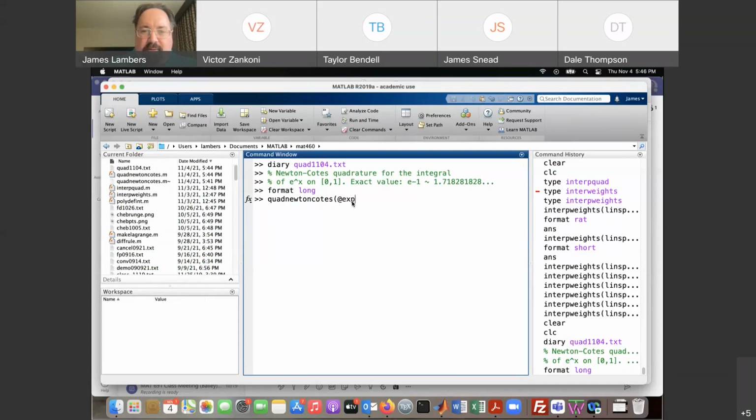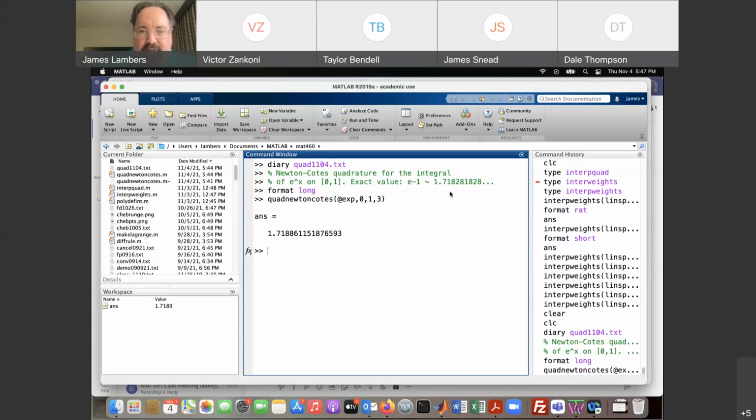So here I'm using a built-in MATLAB function exp. By specifying @exp, I'm passing the function handle for exp. So then when the function is called inside the code, it'll invoke this function. And then 0 to 1. And at first, I'm just going to use 3 nodes.